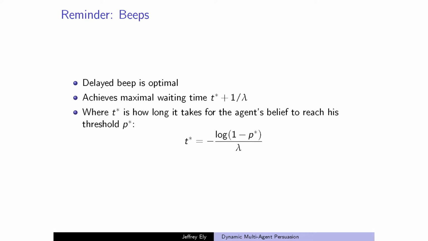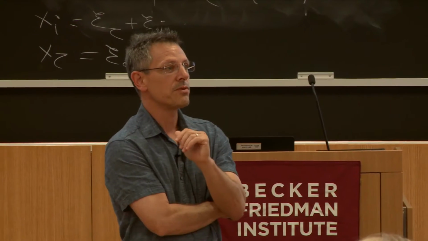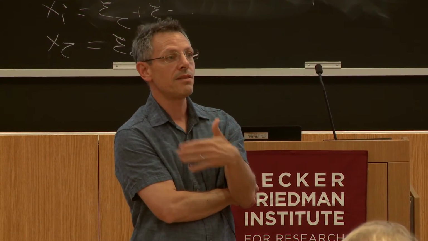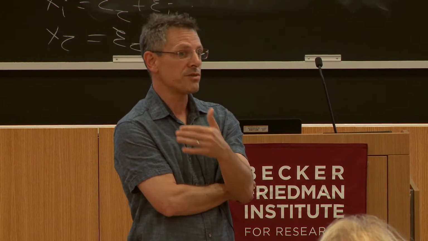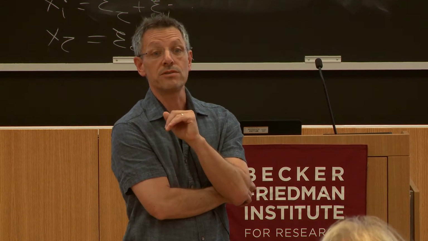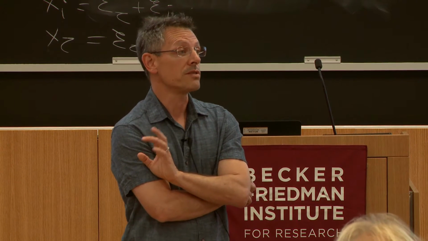The agent's optimal action depends on what he thinks is the current state. The principal cares about the agent's action, and there's a conflict of interest between them, so he's filtering the agent's information over time in order to get the agent to do what the principal wants him to do.